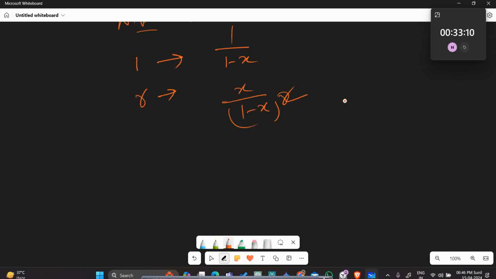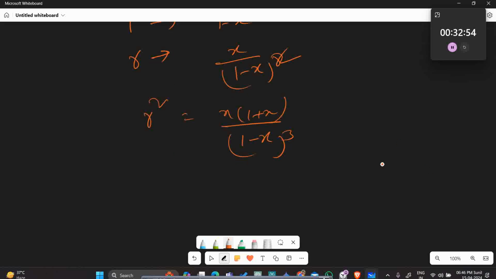How? 1 plus x upon 1 minus x to power q is like sigma r equal to 0 to infinity, n minus 1 plus r C r x to power r equal to 1 upon 1 minus x to power n, like this.